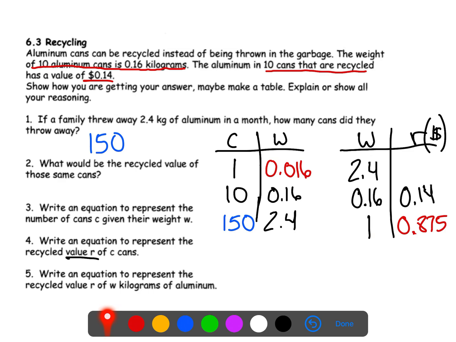Now I'm going to multiply it by the constant of proportionality, and that should tell me the value of that 2.4 kilograms. So I'll multiply by that, and 2.4 kilograms has a value, write it in blue again, of $2.10.